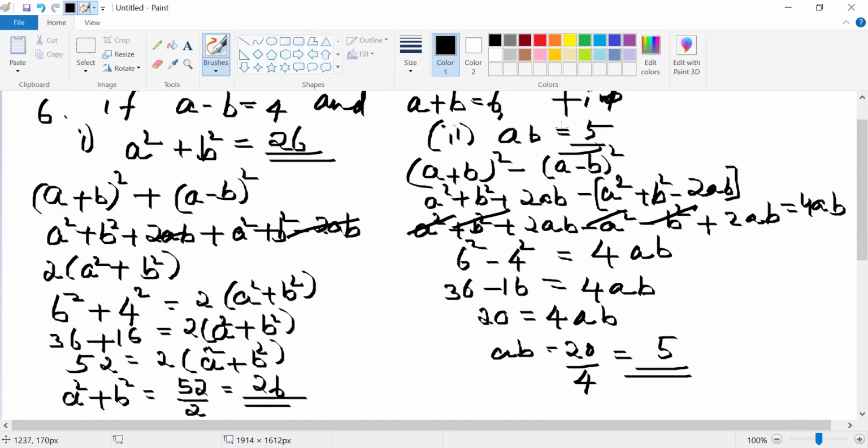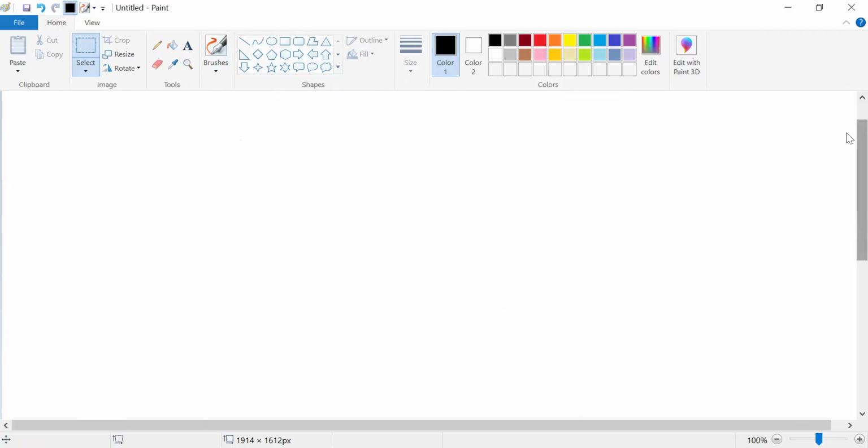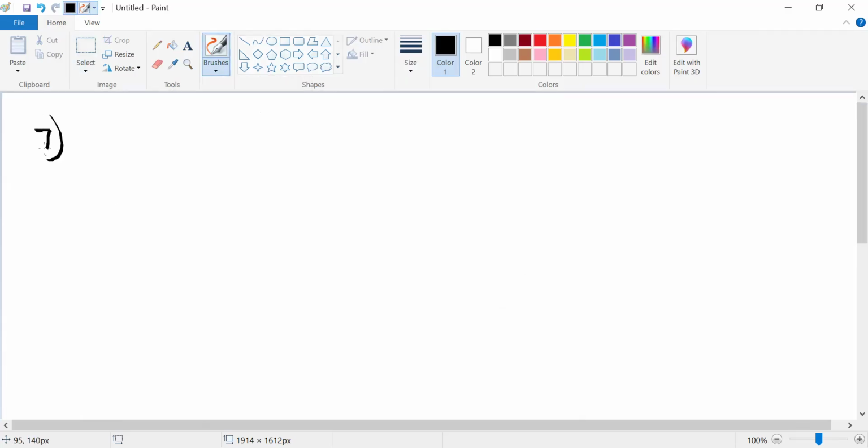Now, question number 7. What is given? If A plus 1 by A equal to 6 and A not equal to 0, because the denominator cannot be 0, no?